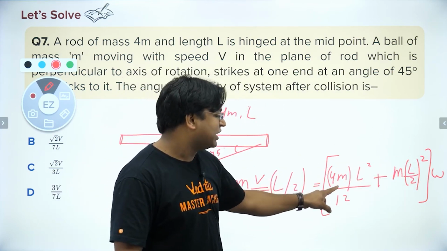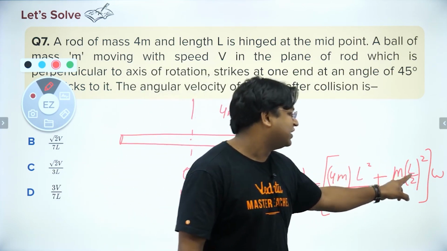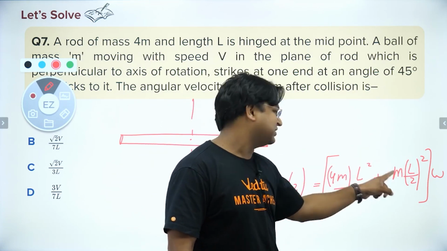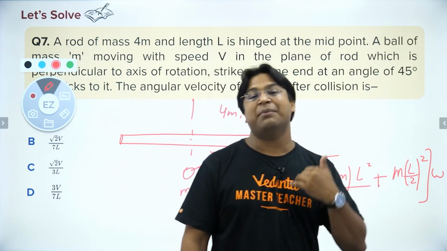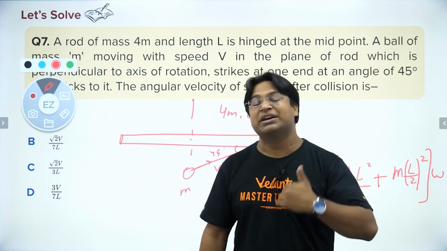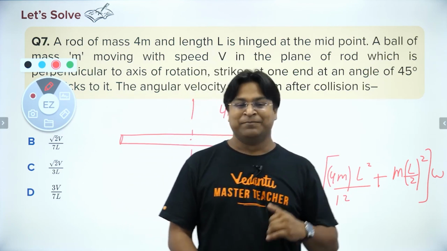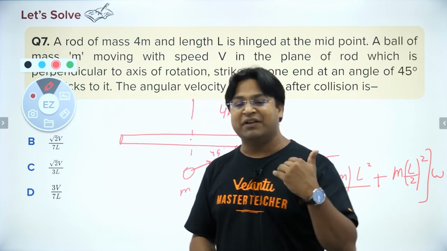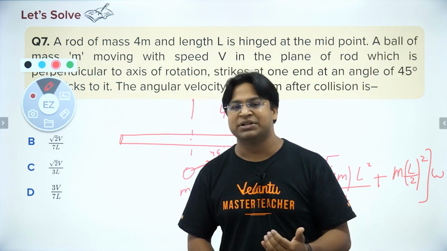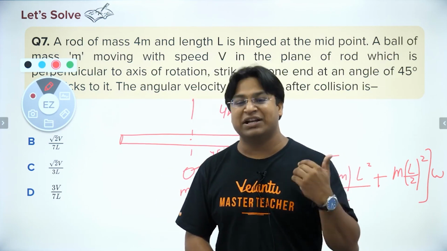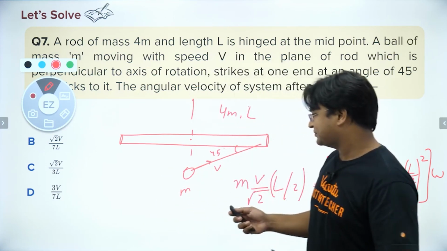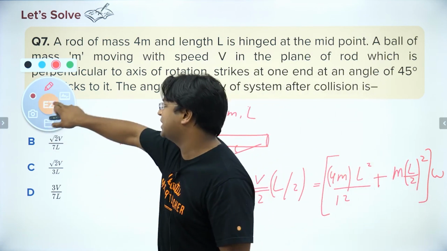See, I have written 4m in the bracket, I have written the distance of particle from the axis in bracket. This habit can increase the probability of getting the things correct. So we can avoid careless mistakes by developing good problem solving habits, and use of brackets is one such habit. All right, so when we solve this one, we get the correct answer.